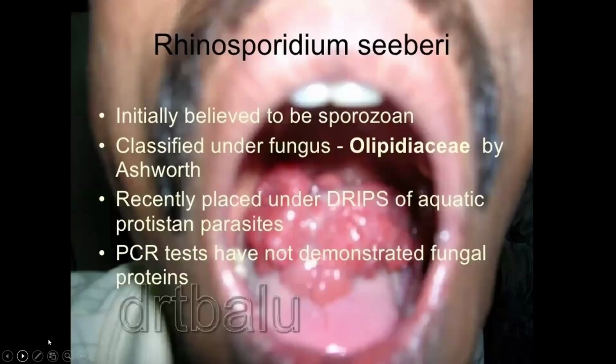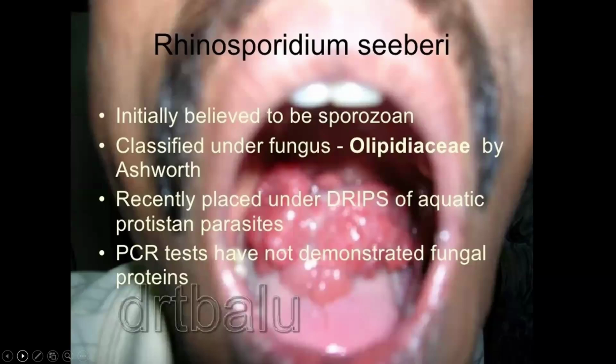This will be explained by Dr. Rupal. Okay, guys. So Rhinosporidium seeberi was initially believed to be a protozoan. It is classified under fungus. We need not remember the name, but just understand that it's classified under fungus and recently placed under the drips of aquatic protistan parasites.